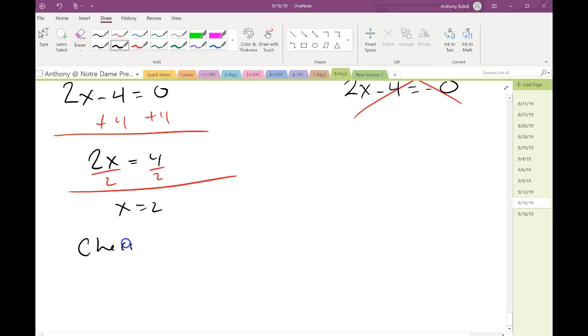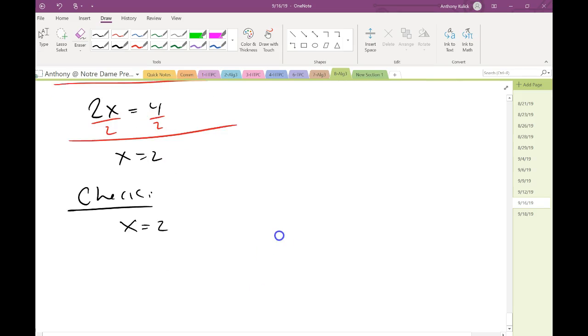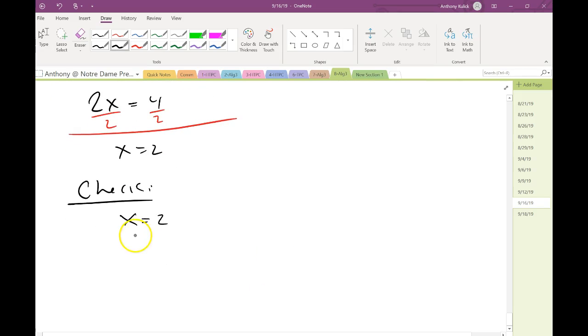And then all we need to do is check. And it's nice here because we only have one thing to check, right? So a little bit less work than the previous ones. Okay, 2 times 2 is 4. 4 minus 4 is 0.